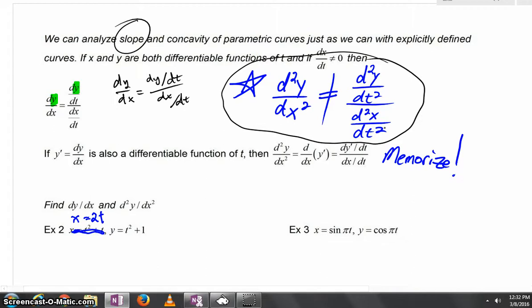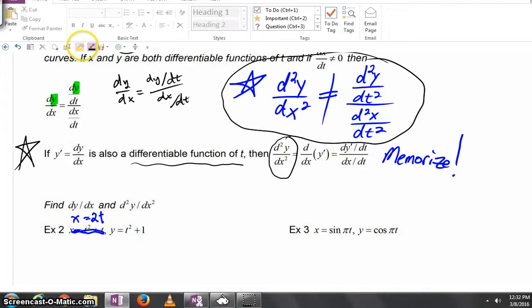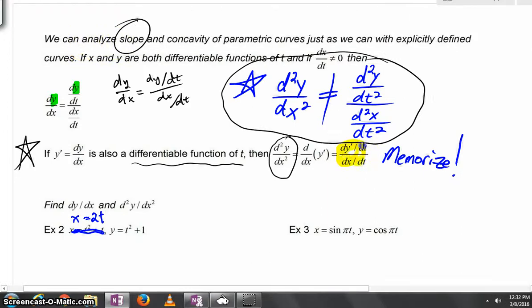Instead, what you need to do to find a second derivative is follow this guideline right here. If y prime is dy/dx, and it's a differentiable function of t, your second derivative of y with respect to x is really going to be this super important form right here.